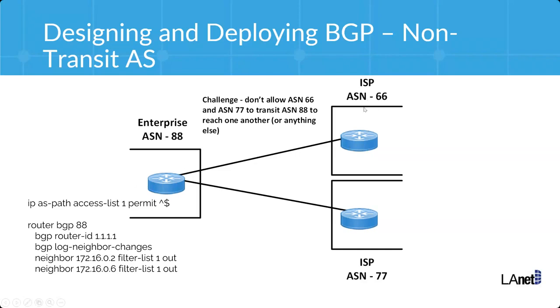So ISP at ASN 66 only receives updates that have no ASPath, which means my internal updates. And same thing, ISP with ASN 77 only receives the null set of ASNs, which would only be mine. 66 does not propagate to 77, and 77 does not propagate to 66, or at least they do not propagate to one another through 88. This is pretty important.